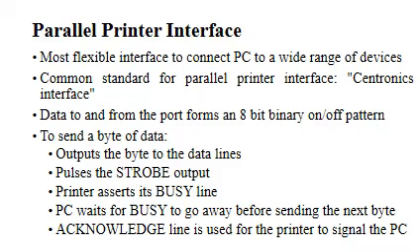The PC waits for the busy line to go away before sending the next byte. In other implementations, the acknowledgement line is used for the printer to signal the PC that it has received the previous data. The other control lines are used for various purposes.